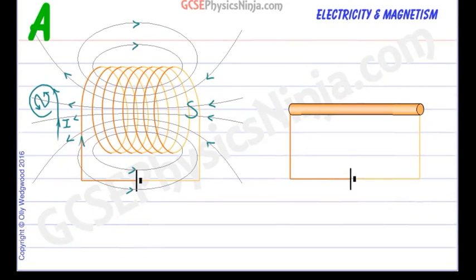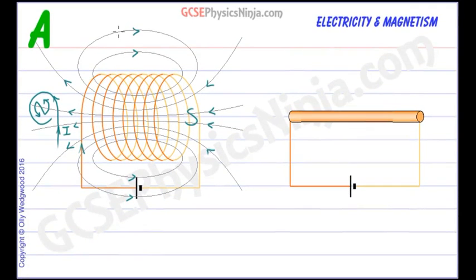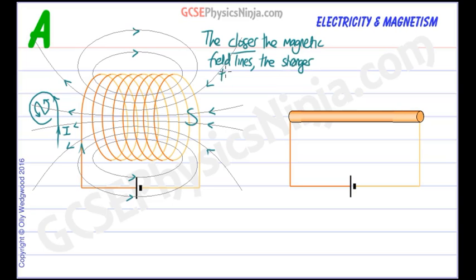So a key idea here is this. The closer the magnetic field lines are together, then the stronger the magnetic field. So that's very important, and this will apply to both the solenoid and to the straight wire.